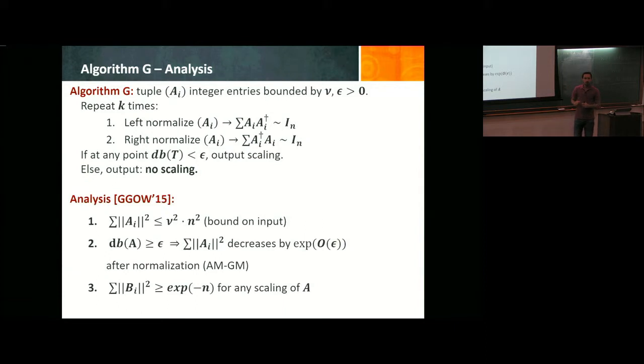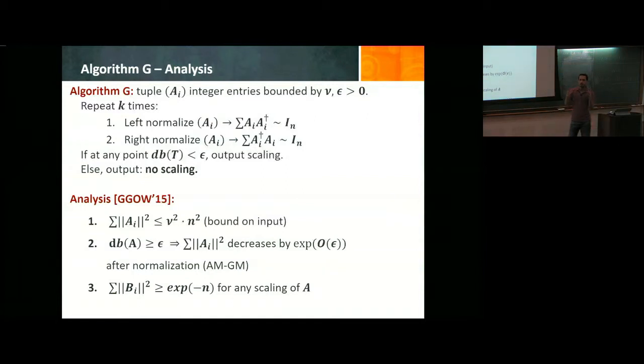And how do we analyze this? Again, it's the same. We take the norm of my input, the same thing that we did for matrix scaling. The norm of the input is bounded, is small. Then, if I'm far from doubly balanced, I need to show again that my norm will decrease by a constant factor. And we know that if I'm not in the null cone, my norm is really big, I'm really far from 0. So after I keep normalizing, I cannot be really far from doubly balanced all the time.